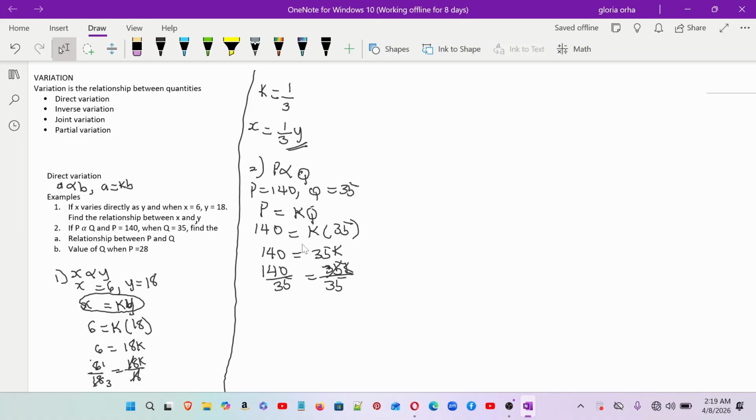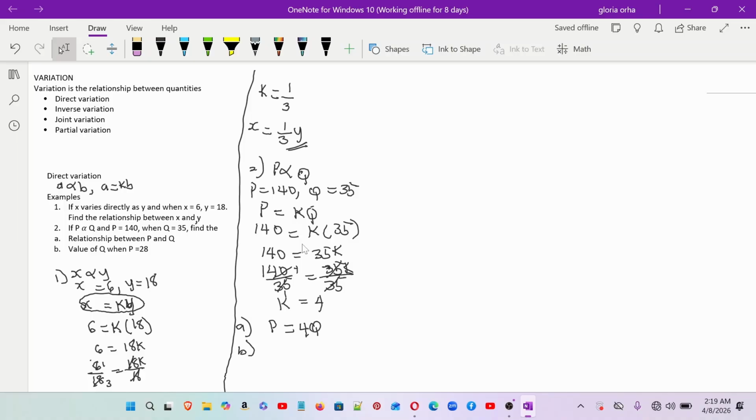So 35 will cancel 35. 35 divided by 35 is 1, 140 divided by 35 is 4. So K equal to 4. So the relationship connecting them is P equal to 4Q. This is the answer to question A.